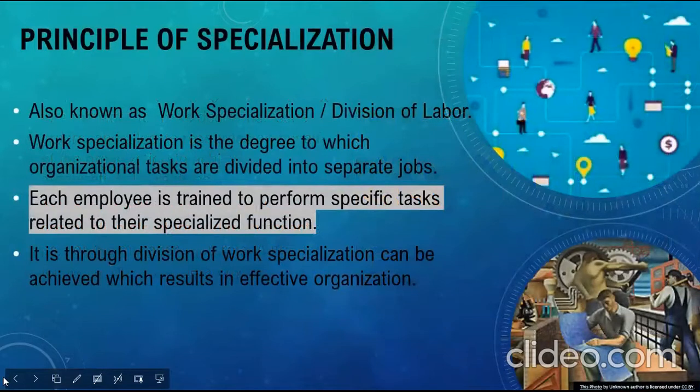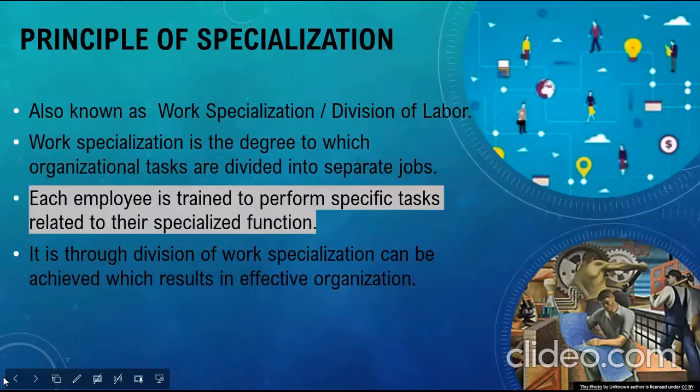It is also known as work specialization or division of labor. Precise division of work facilitates specialization. Every person should be assigned a single function wherever possible. And this rule applies not only to individuals but also to the departments.